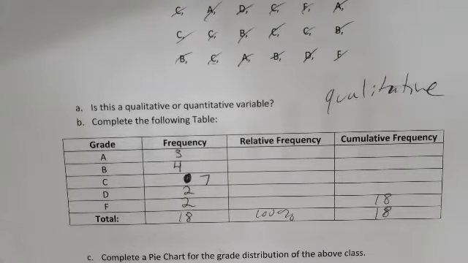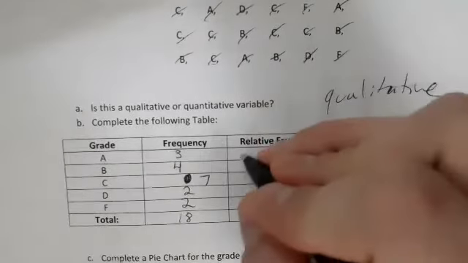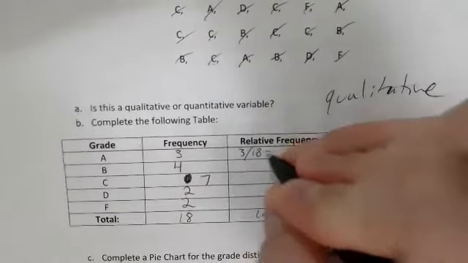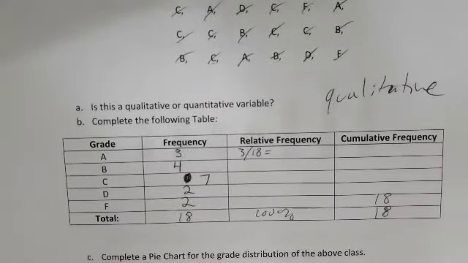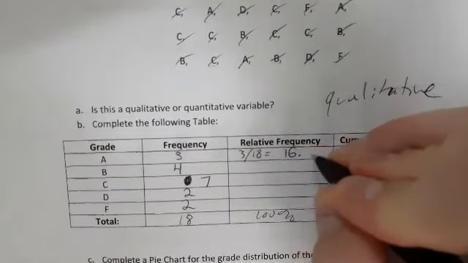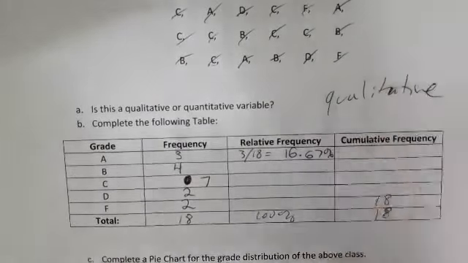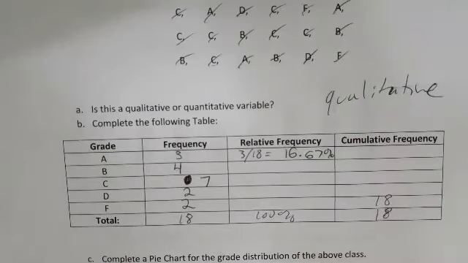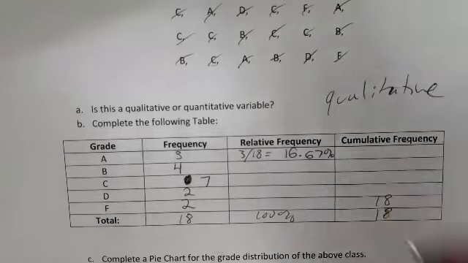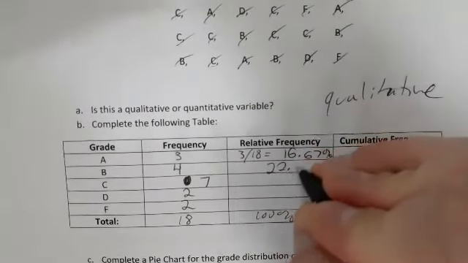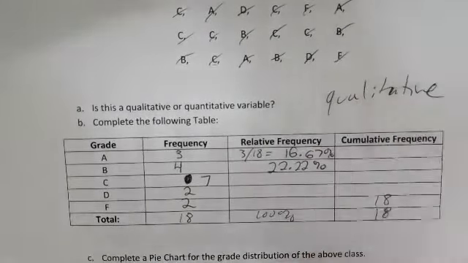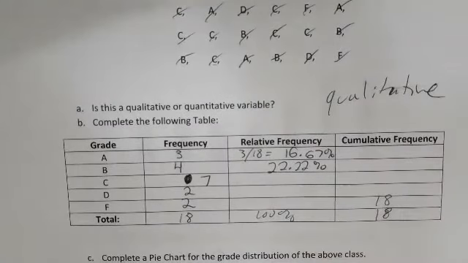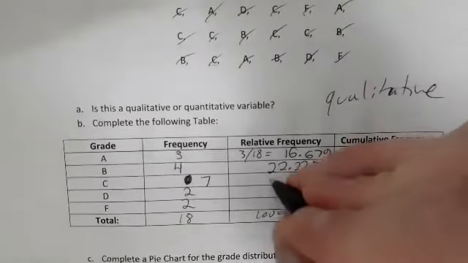Now we want to do relative frequency. So now it is the frequency out of the total. If I do 3 out of 18, 16.67%. Okay. If I do 4 out of 18, 22.22%. If I do 7 out of 18, it gives me 38.89%.